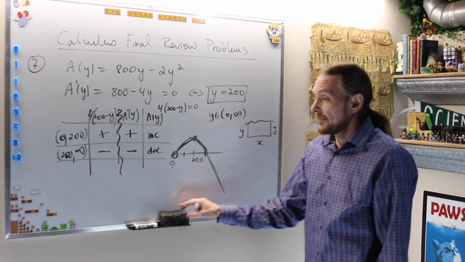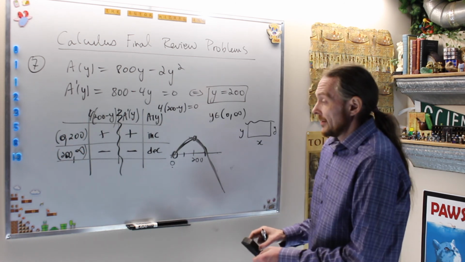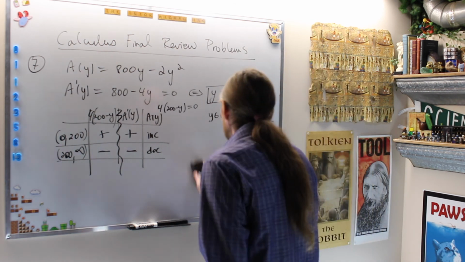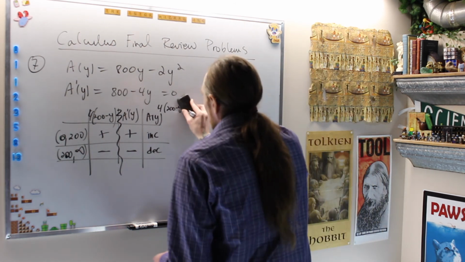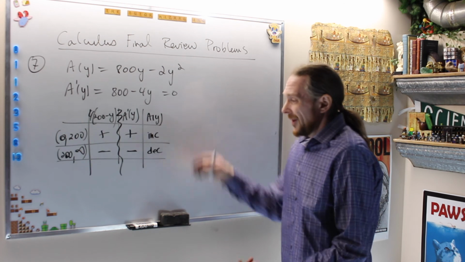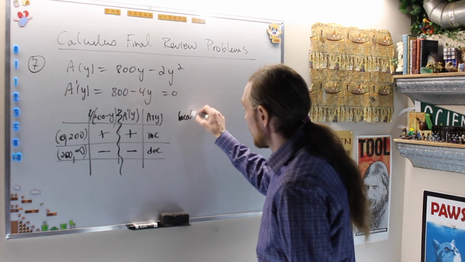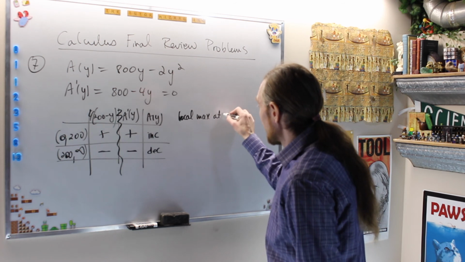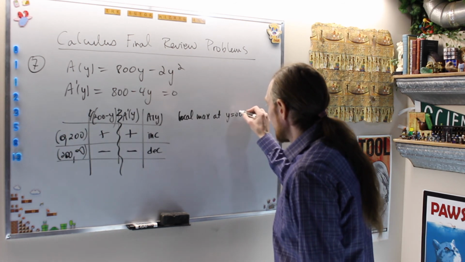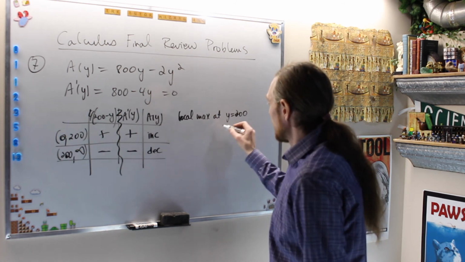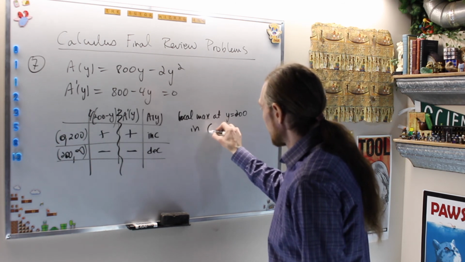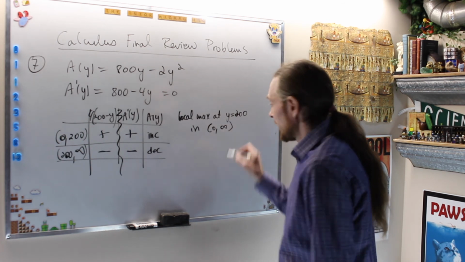What does that give us? From this table, this says we have a local max at y equals 200 in the interval 0 to infinity.